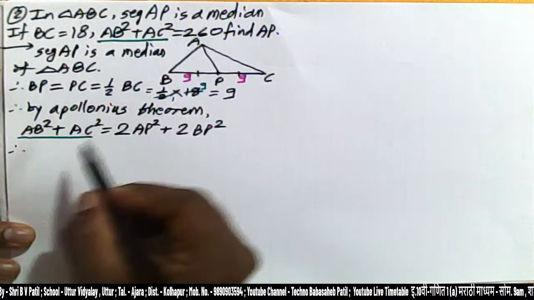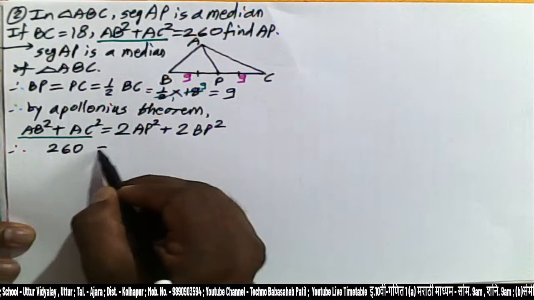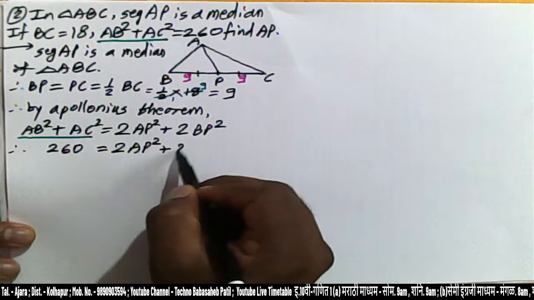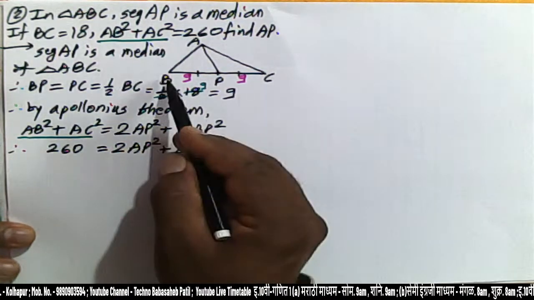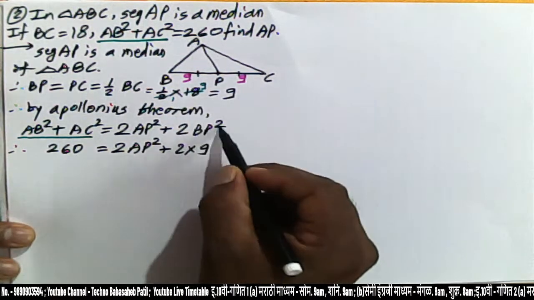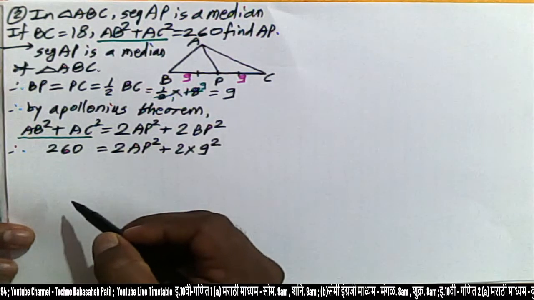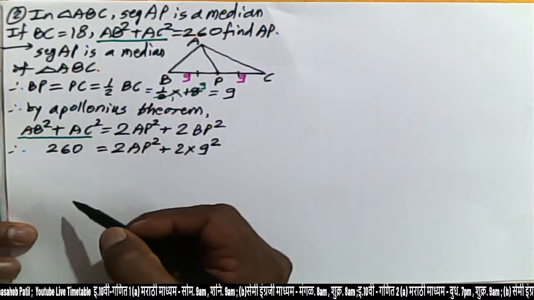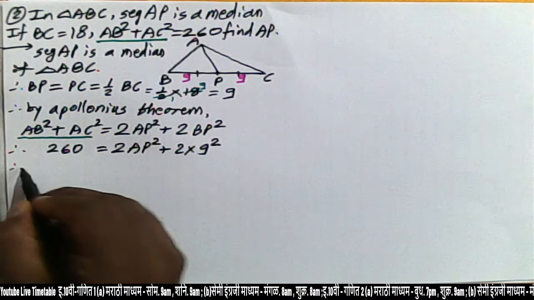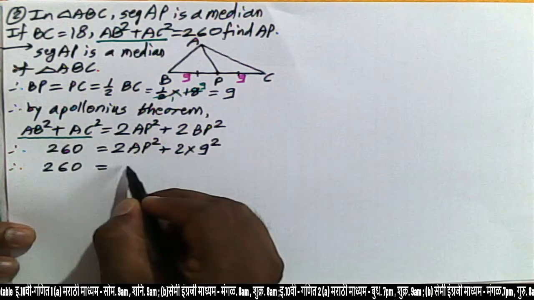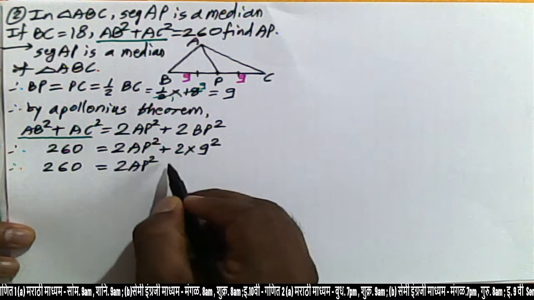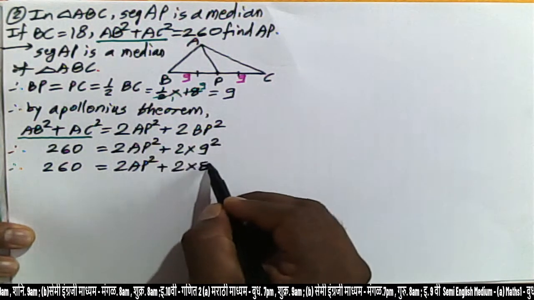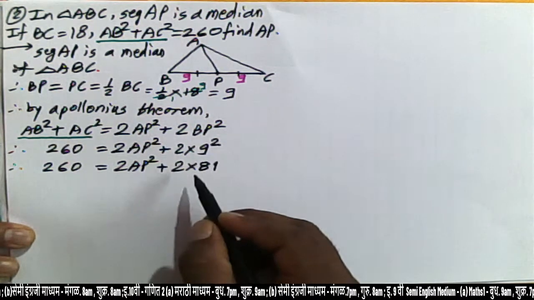That value we substitute. 260 is equal to twice AP square plus 2 into the value of BP, which is 9, and its square. Therefore, 260 is equal to twice AP square plus 2 into 9 square. 9 square is 81.